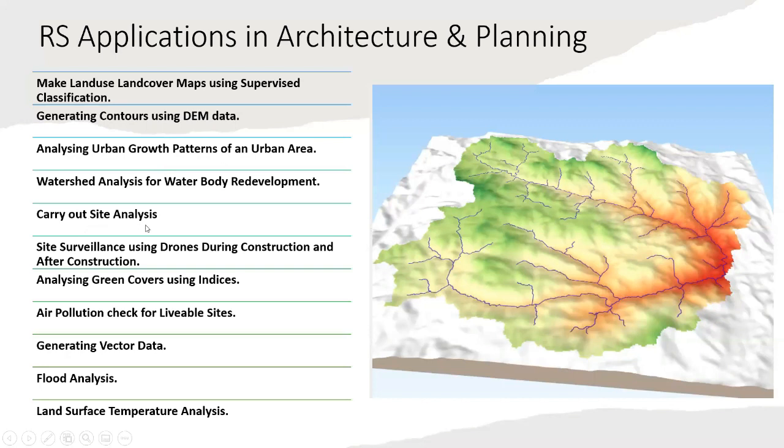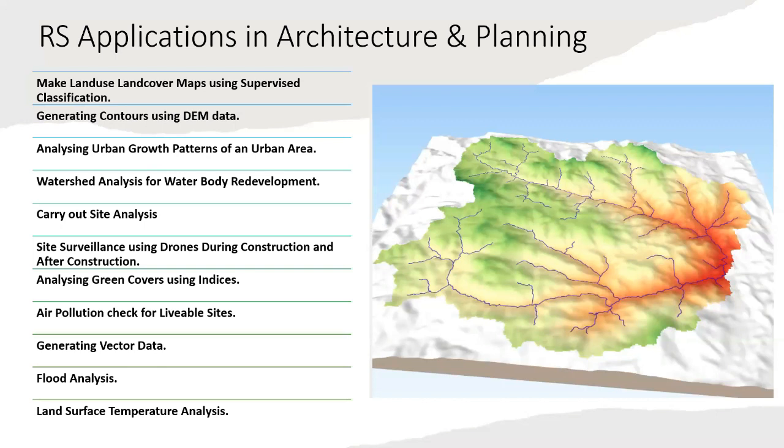We can carry out site analysis in architecture. Before beginning to design the building, we first have to study the site thoroughly. For that, we need to collect the data from various sources, or we have to go to the site to understand the site, and then only we can start designing. So this site analysis can be carried out using remote sensing and GIS.